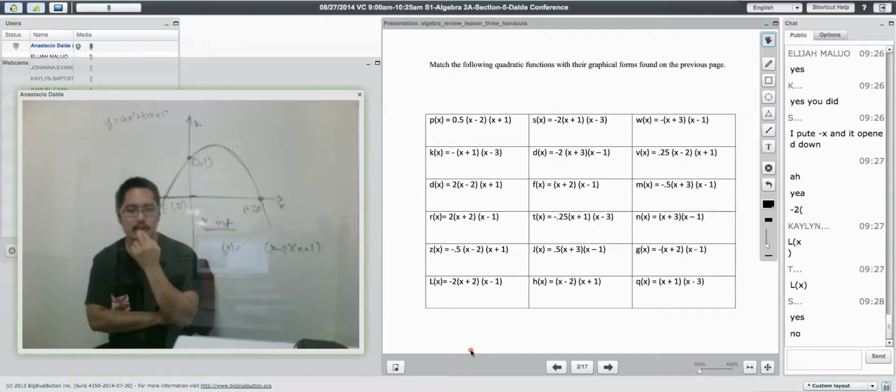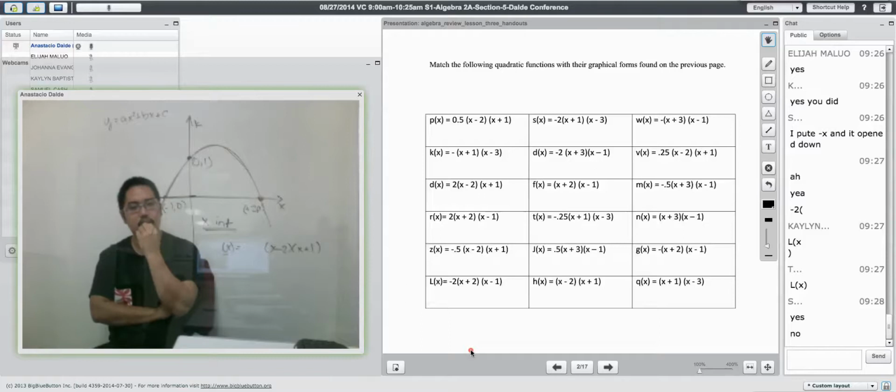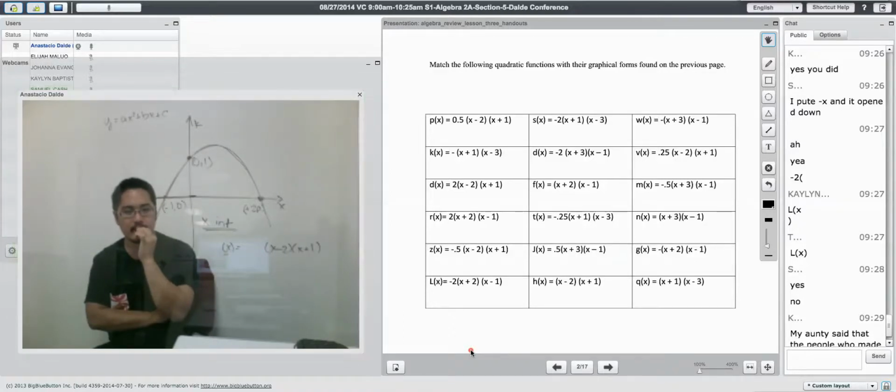Minus 2 plus 1. Huh. To be honest with you, I don't necessarily think that any of these graphs really work, but there's one that gets really close. So I'm going to teach you that one. And then I'm going to yell at these people because they did something wrong.